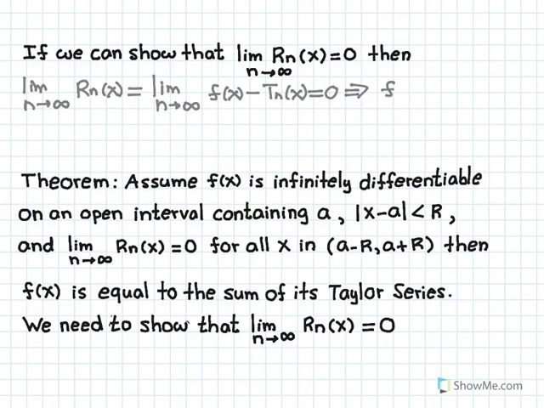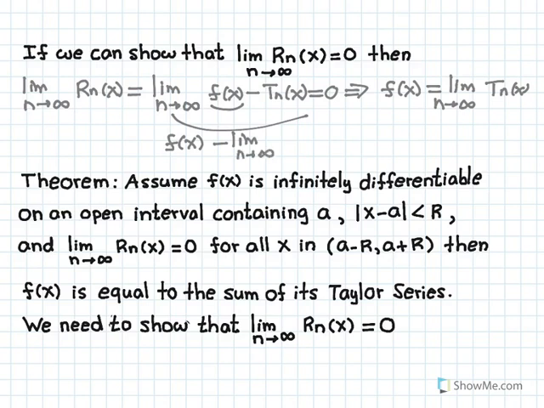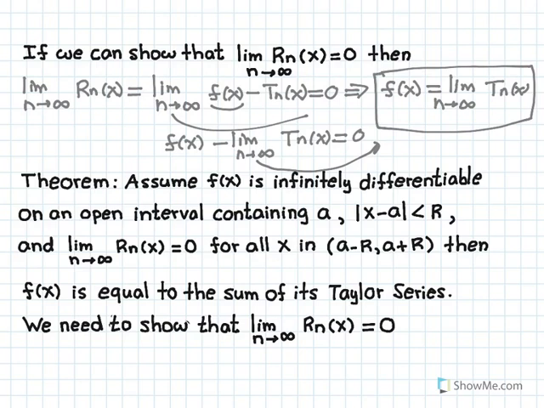We get f of x is equal to the limit as n approaches infinity of Tn of x. The step here was that when you take the limit of the function, it's just going to be f of x because it doesn't depend on n. So we get f of x minus the limit as n approaches infinity of Tn of x is equal to 0, then swing this over to the other side, and we get this result. If we can show that the limit of Rn of x is equal to 0, then we have shown that the function f of x is equal to the limit as n approaches infinity of Tn of x.